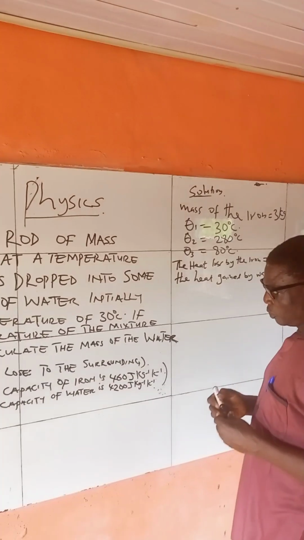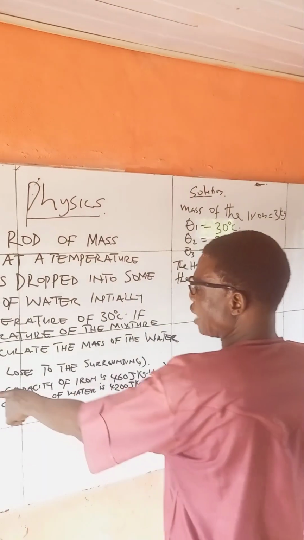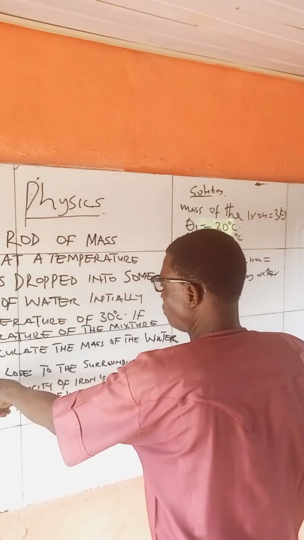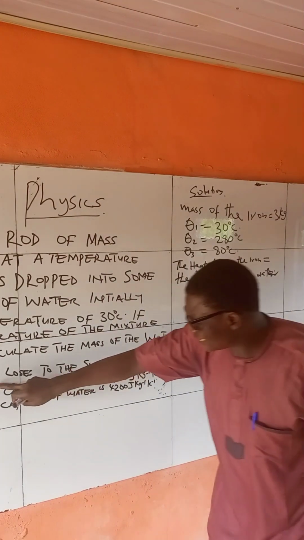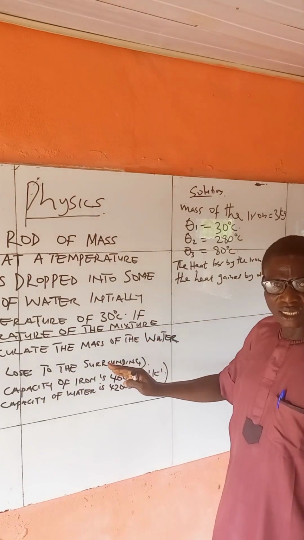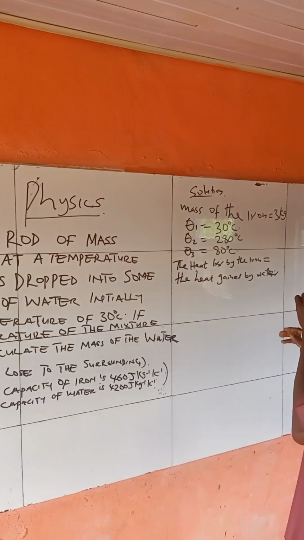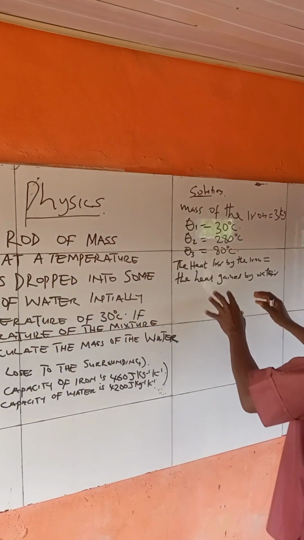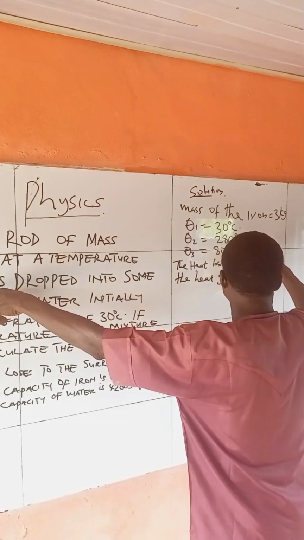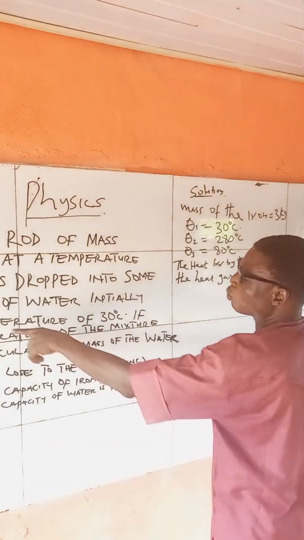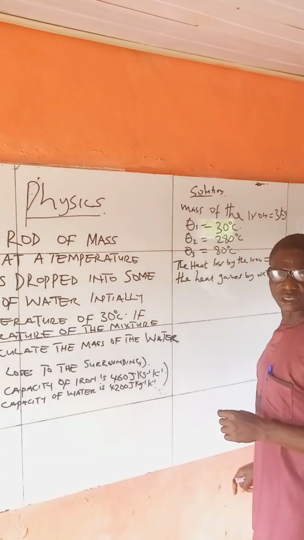I told you before that this statement will help us eliminate some things. This is correct because we are neglecting heat losses to the surroundings. The iron was at 280 degrees Celsius while the water was at 30 degrees Celsius.